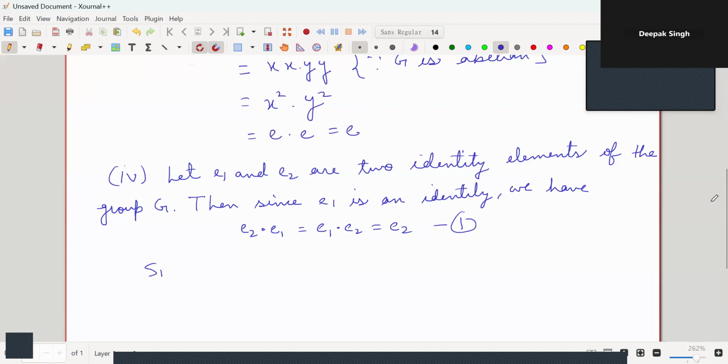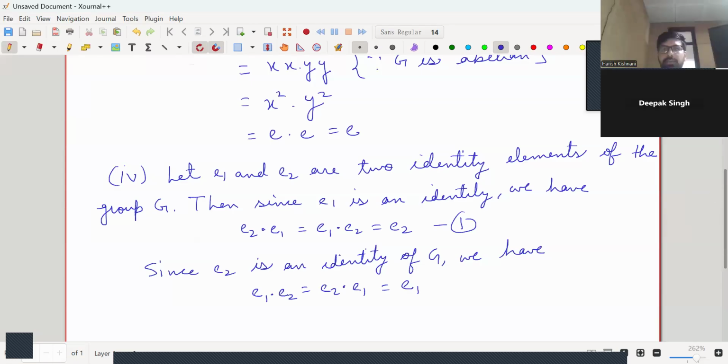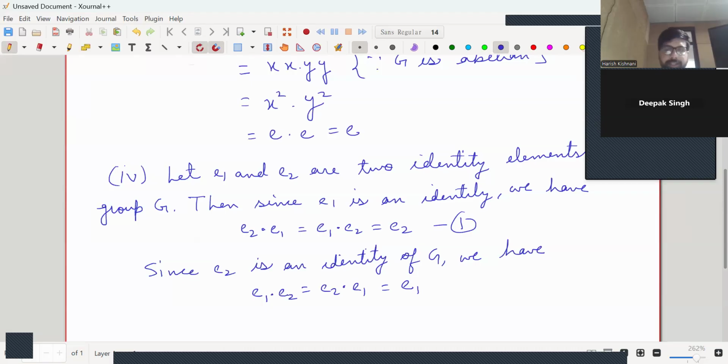And since E2 is an identity of G, we have, again, using that E2 is an identity, E1 composed with E2 is the same as E2 composed with E1, and that is going to be E1 again, because now E2 is playing the role of the identity element.